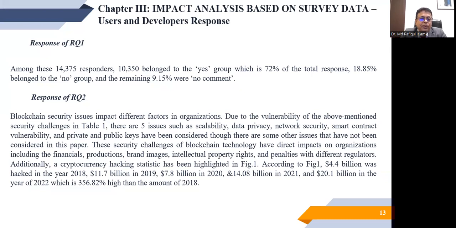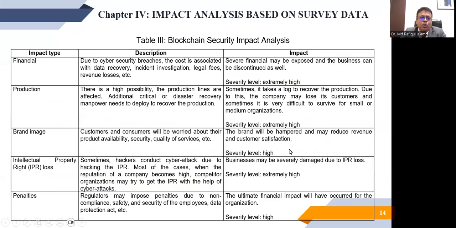Our paper justifies this, which is why we collected data from the users. Along with response number 1, 72% of users believe the security concern needs to be addressed. Our graph and the analysis of data from the literature are also increasing. Once we take response 1 and response 2 together, security definitely needs to be addressed, and we strongly believe that.